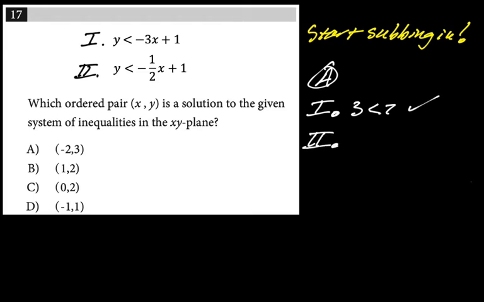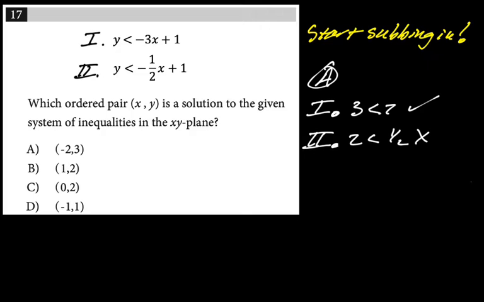For part 2, the y value should be 3. I don't know why I've written this here. I got 2 is less than 1/2. So if y is equal to 3, it should be that -3 is less than 2.